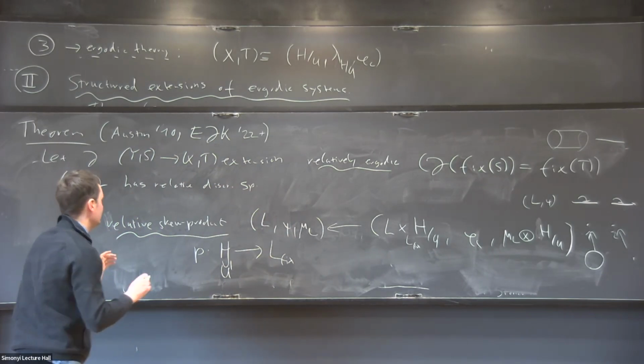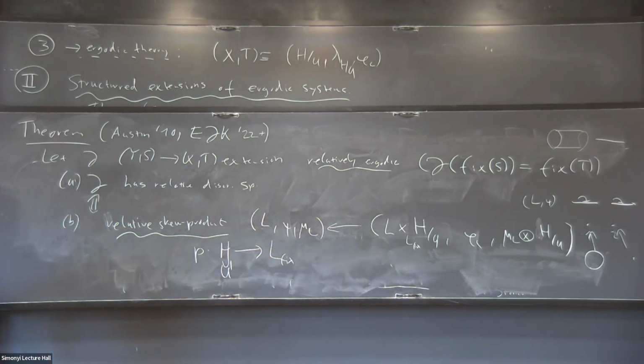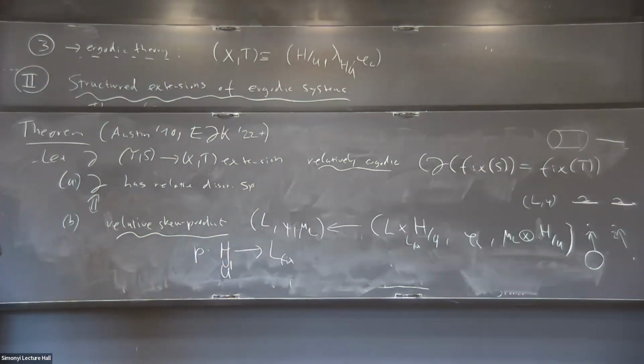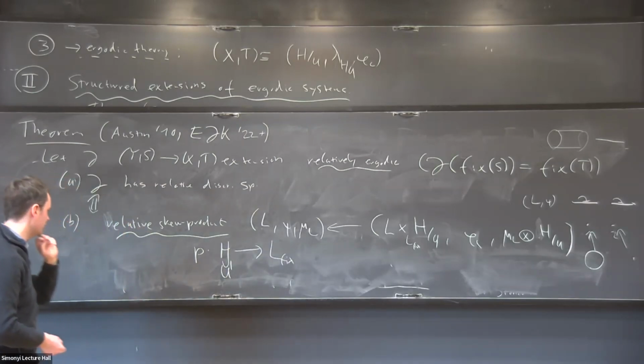Okay, so let me finish by saying why this is interesting. Yeah, so I think Austin has some applications to Host-Kra structure theory, but I will have to look into that more in detail together with my co-authors.